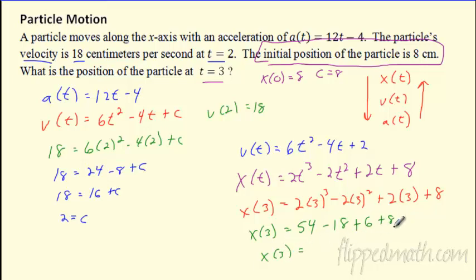If I add the 6 and the 54, 60 minus 18, 42 plus 8... I think it's just 50, isn't it? And what are we talking about here? Because this was in centimeters per second, this is going to be 50 centimeters. So the position at 3 seconds is 50 centimeters.